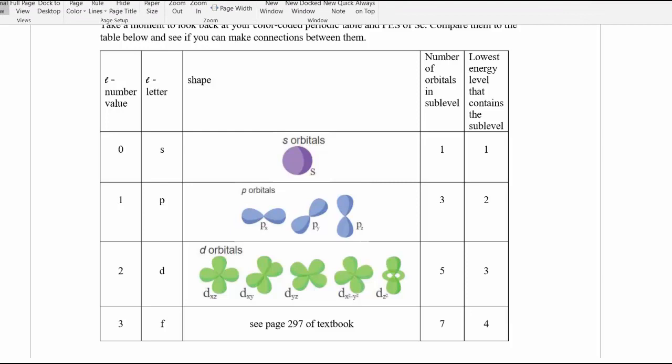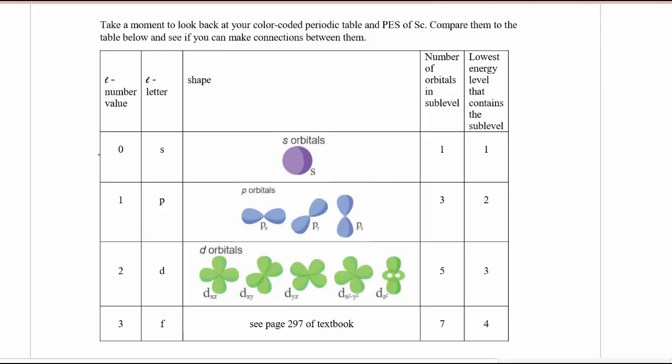For this one here, L was the second quantum number. That's the one that gives us our orbital shape. And the different shapes also correlate to how many of those orbitals we have.